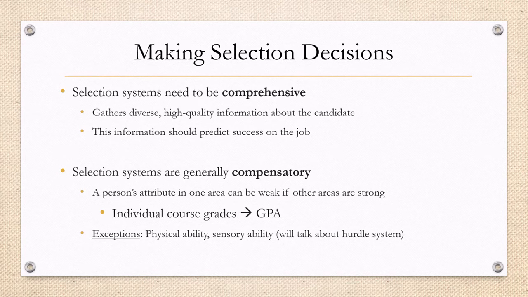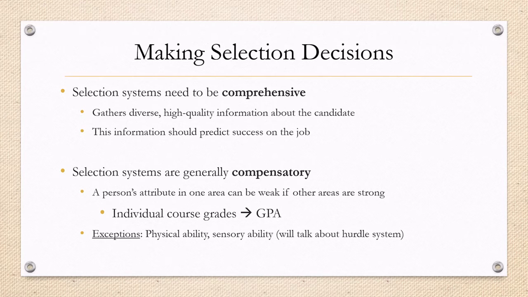Selection systems are also generally compensatory, meaning that a person's attribute in one area can be weak if other areas are strong. So maybe someone gets a grade in an individual course that is not particularly good, but overall, their GPA is higher. Some exceptions to this are physical ability.